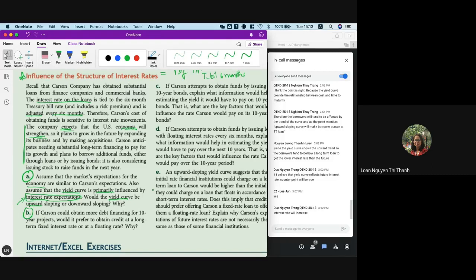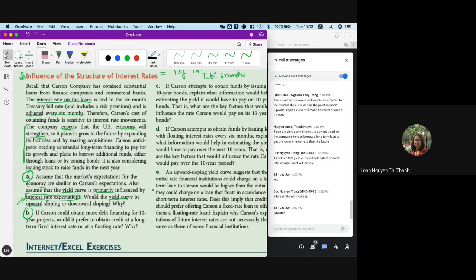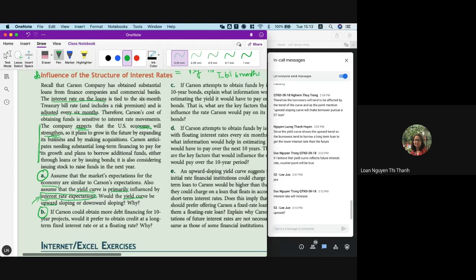Okay, so this is saying interest rates will increase. Yep. Rising economy, normal expectation, popular expectations, right? Rising interest rates. Because we assume the shape of the yield curve is primarily influenced by interest rate expectations, interest rates will increase because of the rising economy and the normal situation.